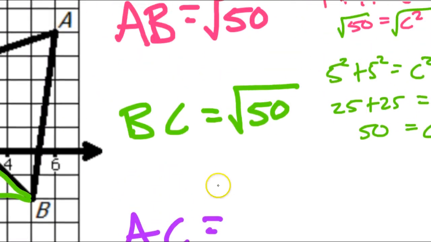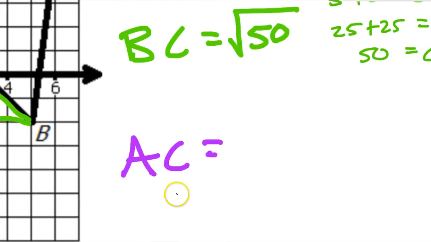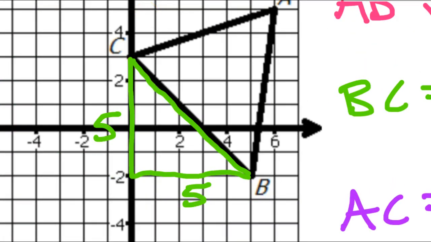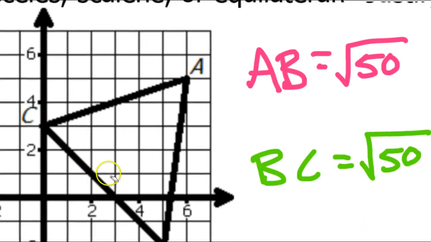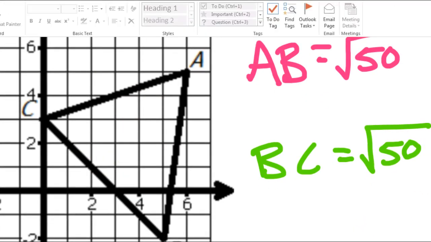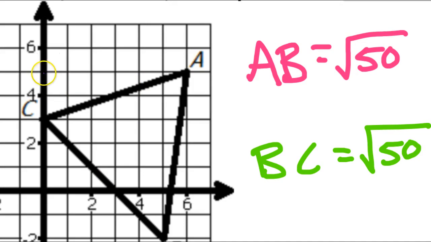Okay, so now I'm going to find the length of side AC. So again, let me erase all this to keep it neat and clean. So I could make a right triangle like this. All right, here's a right triangle that has AC as the hypotenuse. So this side on the left is 2. And this side right here is 6.